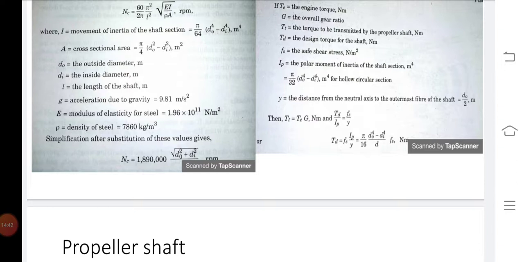Mainly the weight reduction, near about 40 to 50% weight reduction, and high internal shock absorbing property also, and less noise and less vibration, and another is less corrosion, meaning the corrosion resistance is high for this new kind of composite propeller shaft.